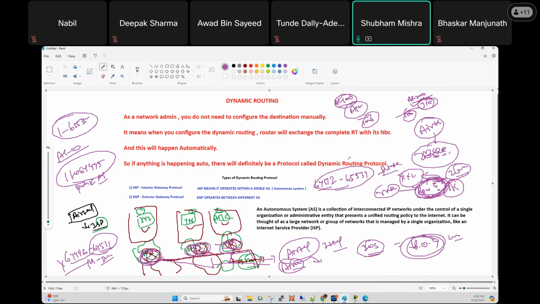And the last one, 65,535, is also reserved. So this is the AS number range. That is all about AS numbers.